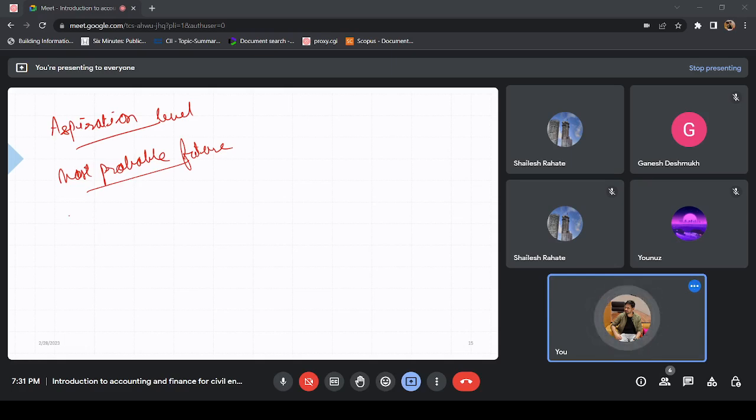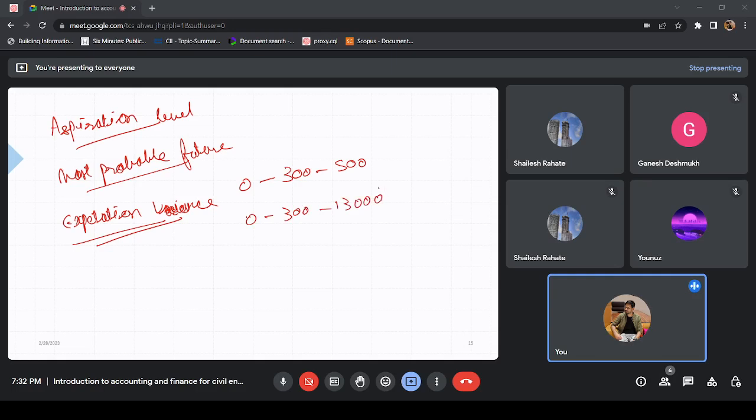Now another thing is expectation variance. So in this case, you saw that the values you have to pay are either 0, 300, 500 or 0, 300, 13,000.